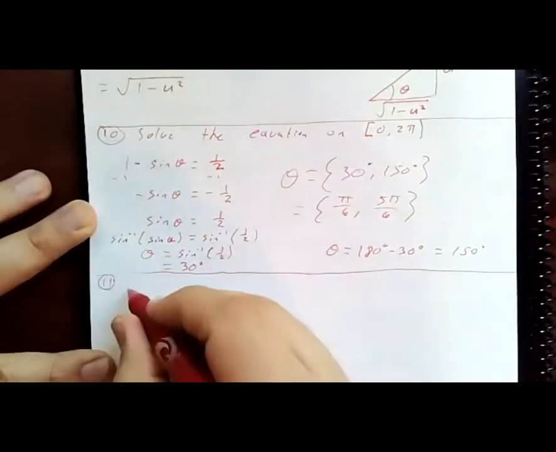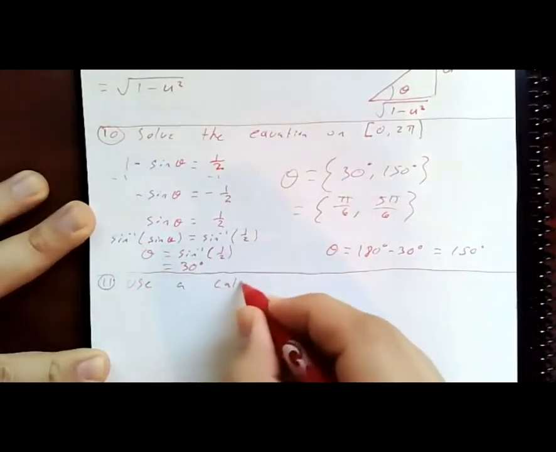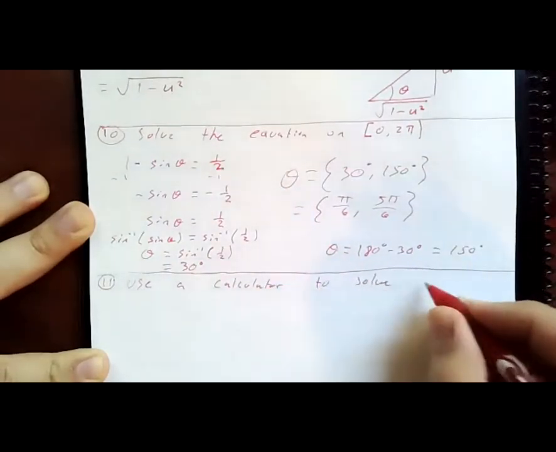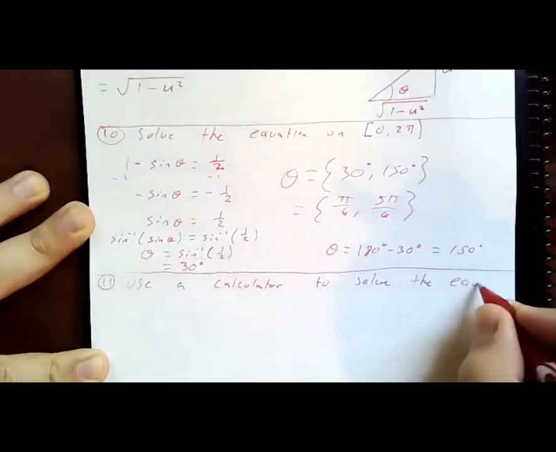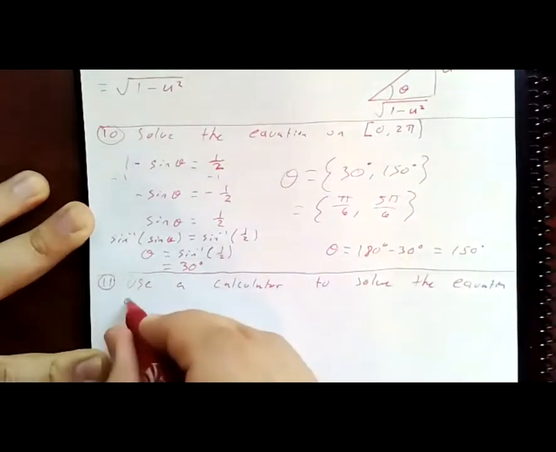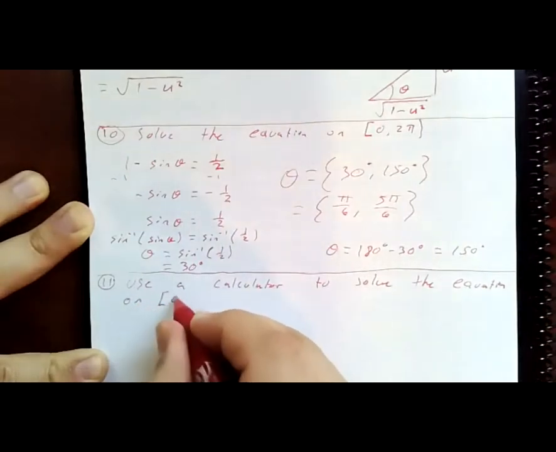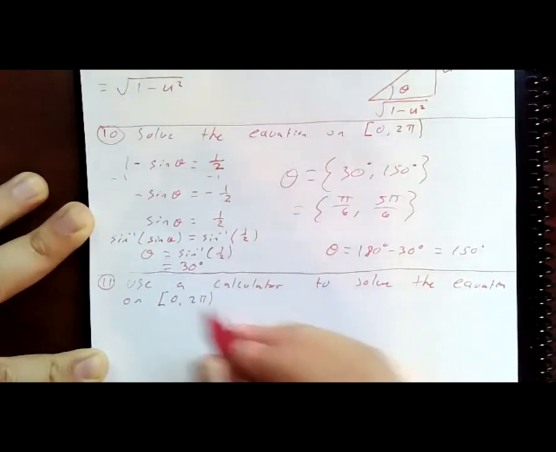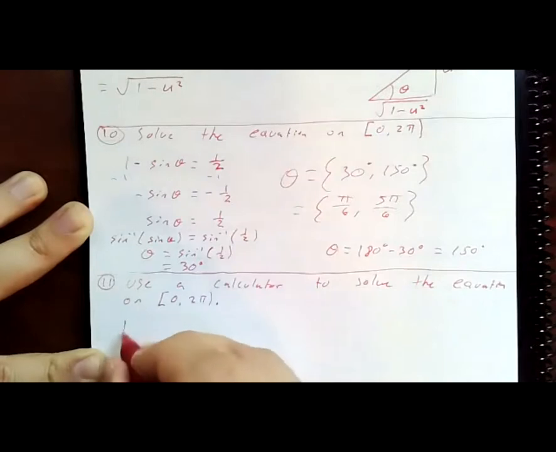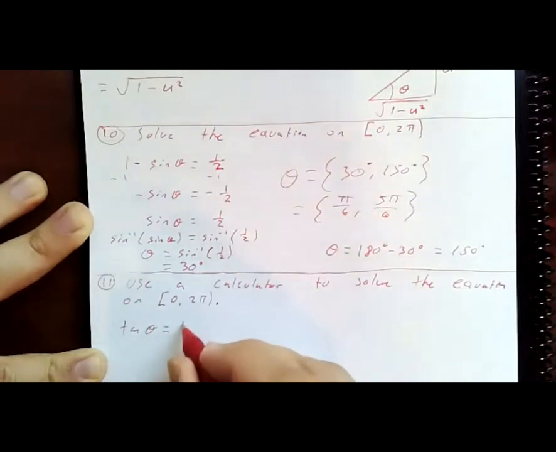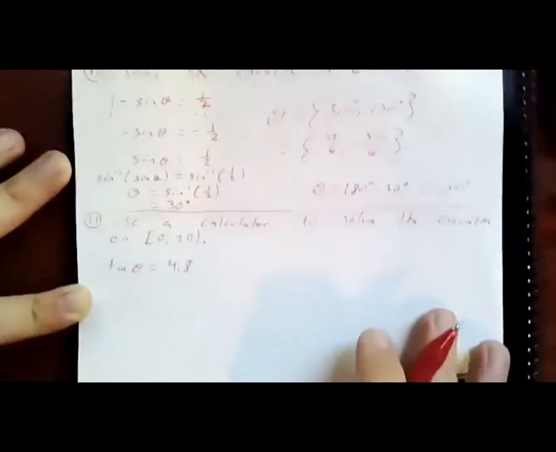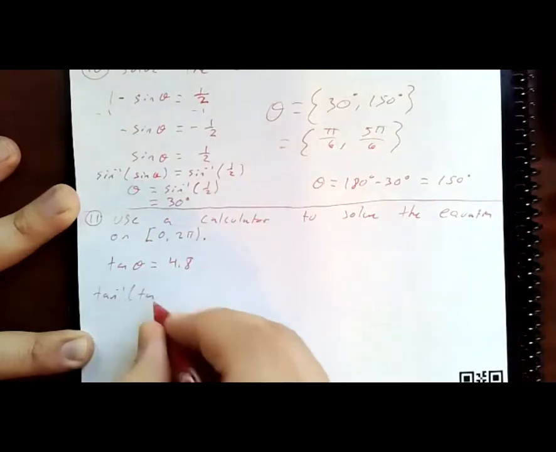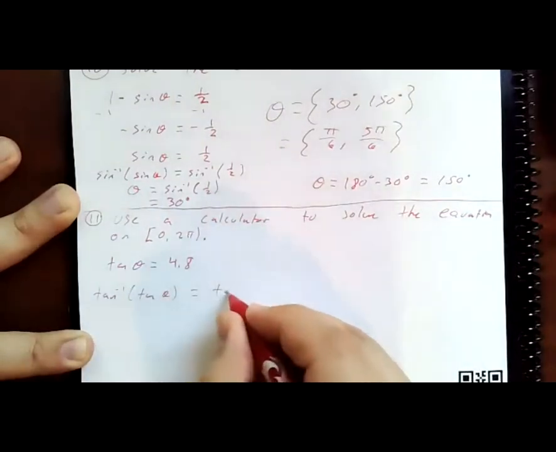it says use a calculator to solve the equation on 0 to 2 pi. So here we go. Tangent of theta is equal to 4.8 radians. So you have to do tangent inverse of both sides to cancel the tangent to find theta.